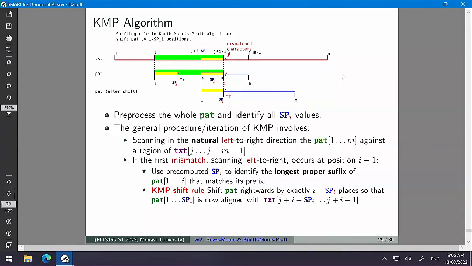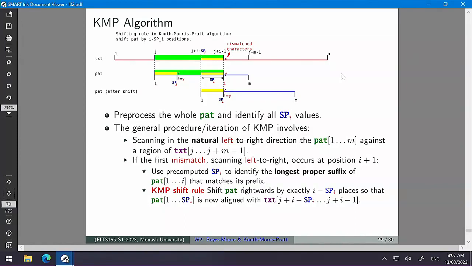If you shift it by i minus SP of i positions, you're essentially aligning the prefix part under where the suffix previously was, and then you could start. The optimization is you don't have to do the left to right scanning from the front, because you know that this matches with that region. That's exactly the same. That means you could start straight away from that position. That's the optimization that you would get.